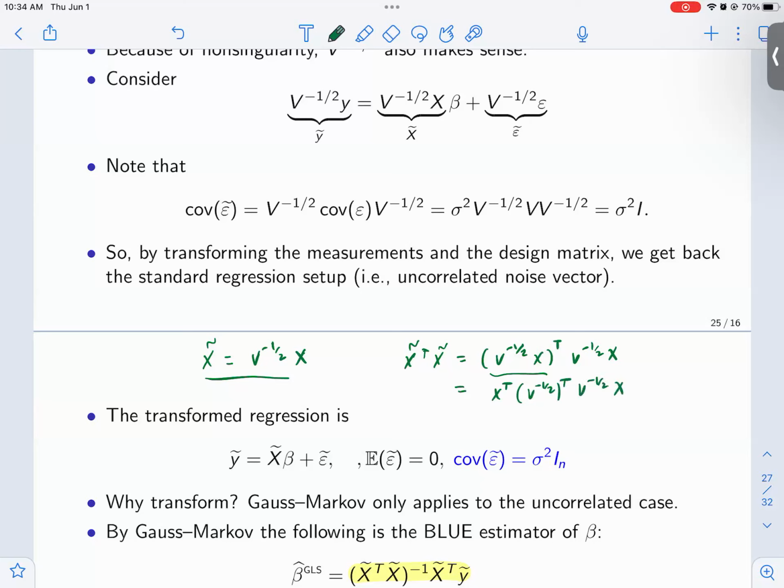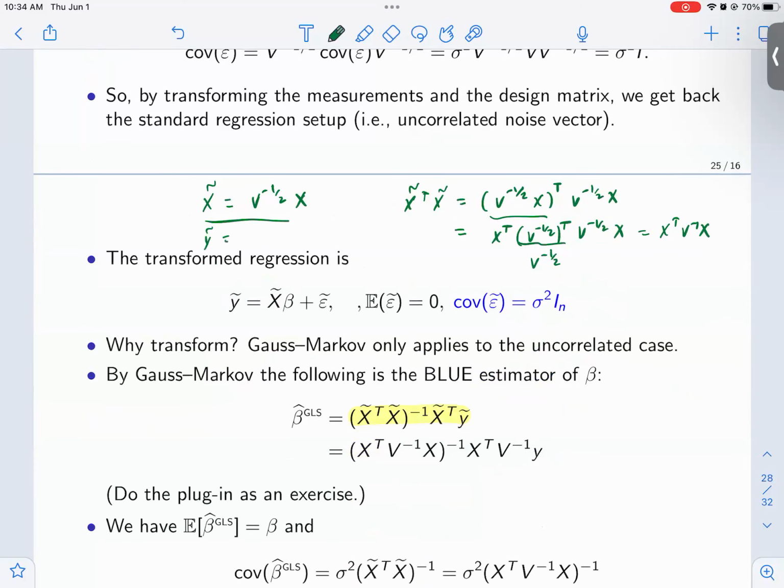V is symmetric, V minus 1/2 is symmetric, so the transpose is just V minus 1/2. So I get V minus 1/2 times V minus 1/2, and you get x transpose V minus 1 x. Okay. The same goes for the other one, because y tilde is also V minus 1/2 y. If you plug in here, you get x transpose V inverse y. It's simpler than that. It's just the fact that V inverse is symmetric.